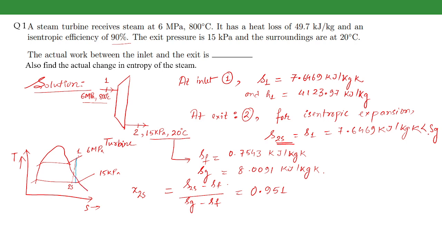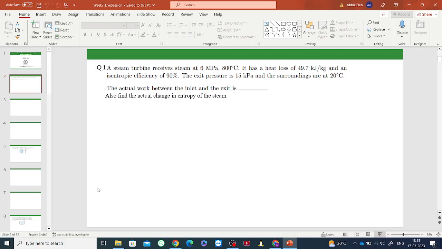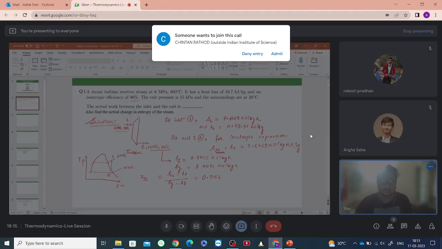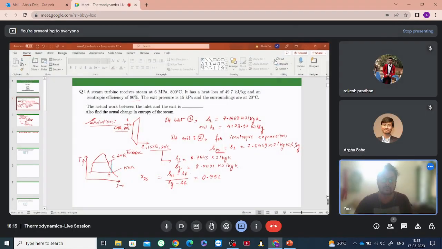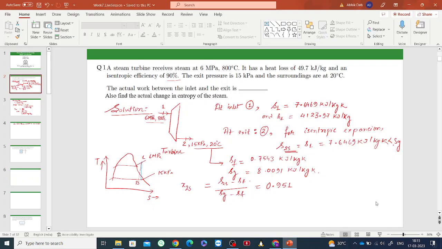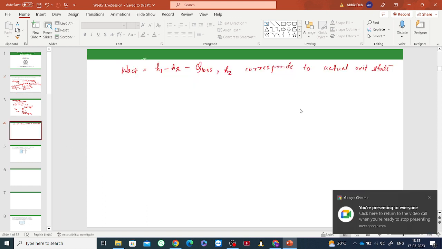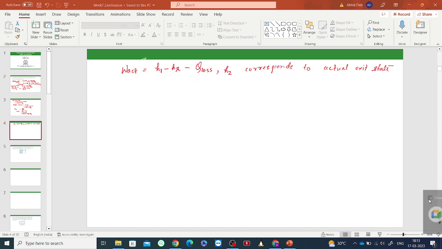Pardon my drawing, it is a bit difficult.